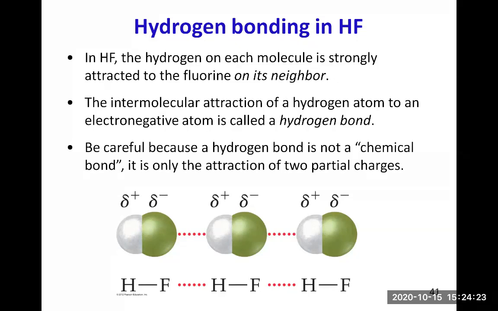It's only an attraction between different molecules, and it's due to partial charges, right? It's not a bond. So be very careful about that. Never draw them as a single line, like the HF bond here. It's really an attraction only, and it's symbolized here by the red dots.